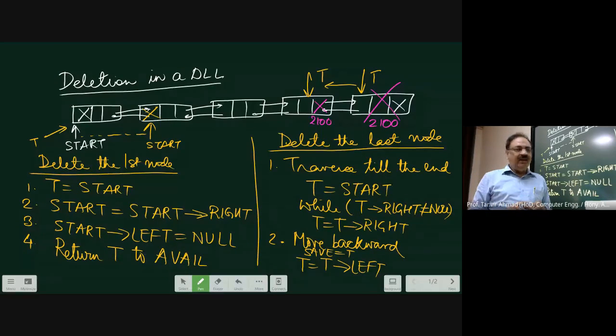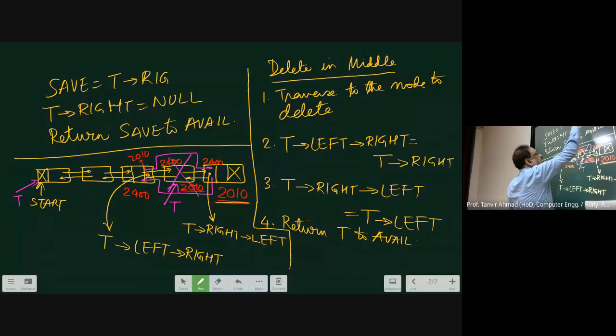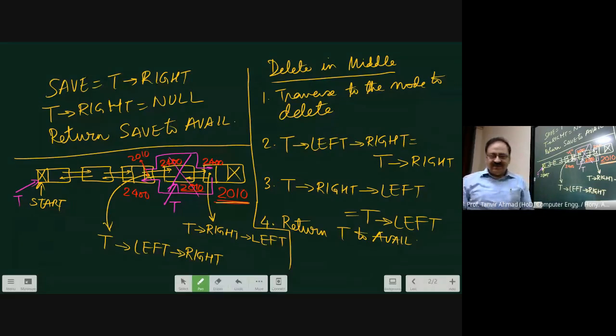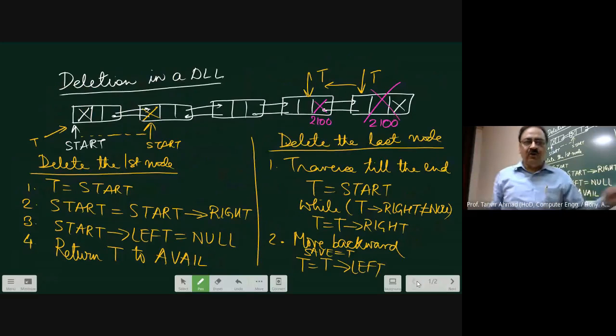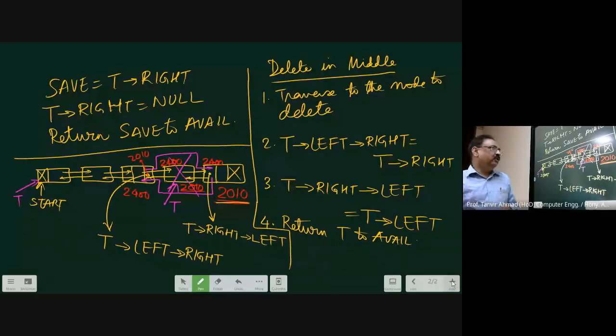Otherwise, what I can do over here is write save is equal to T of right, which means the last node. So either I write save is equal to T of right, or I write save is equal to T before moving to the left. So that is going to solve the purpose. Isn't it fine? Yes, sir. Okay, now good.